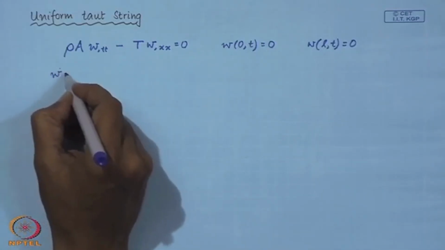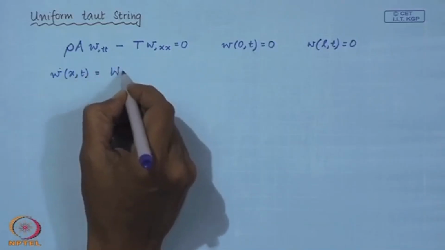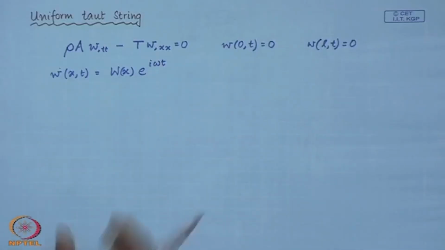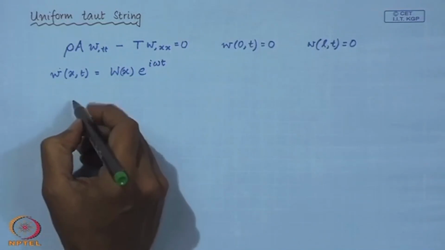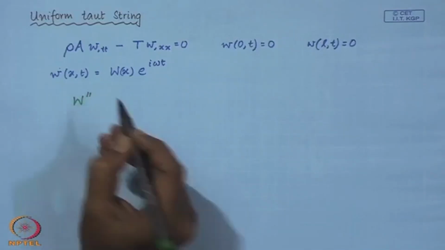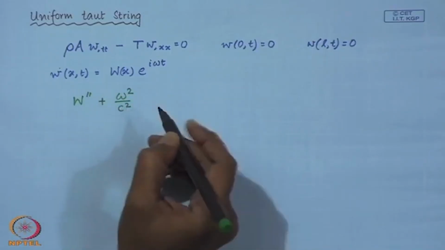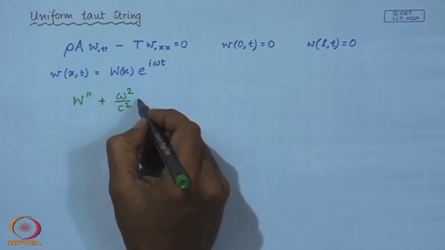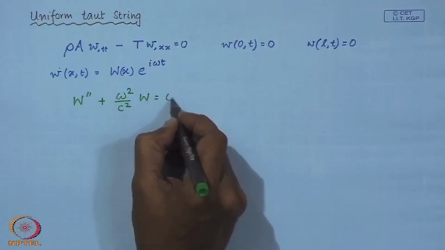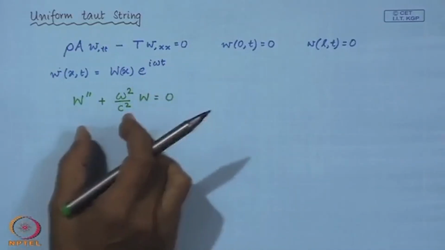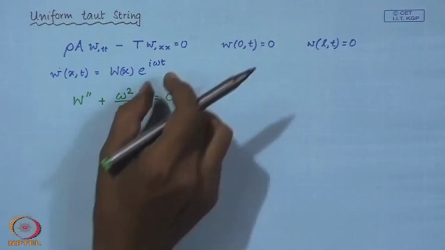Now, we are going to substitute this solution structure, and if you do that and with a little rearrangement, you can easily see the equation reduces to this, because exponential i omega t will never be 0 for any time.